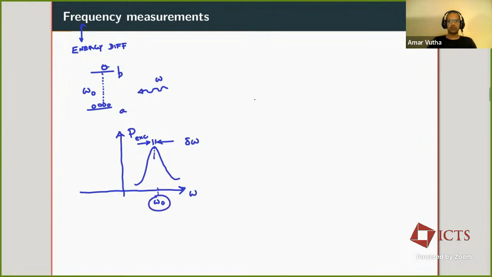Or you could arrange for your atom to be the kind of system where you get some energy difference between these two states, omega naught, but then you expose your atom to a magnetic field, and through some coupling to beyond standard model physics, that slightly shifts your resonance by some amount. So whether you're looking for shifts of a resonance or measuring the absolute frequency omega naught, either way, the figure of merit that's important is this frequency uncertainty.